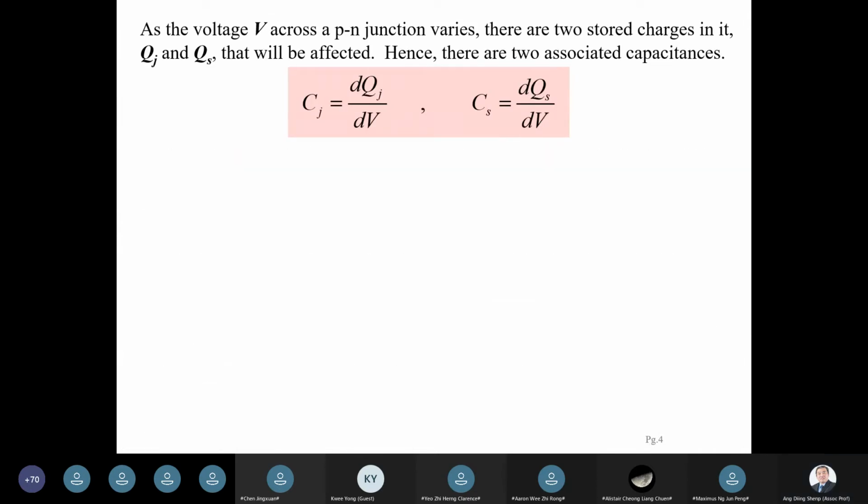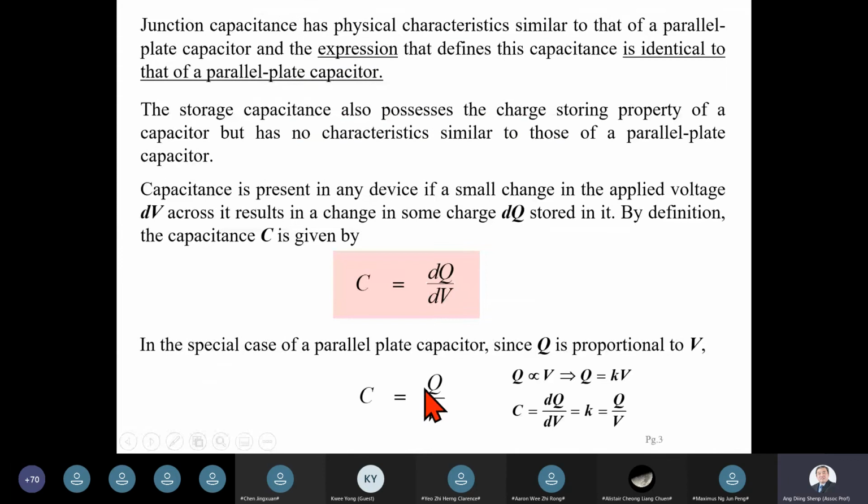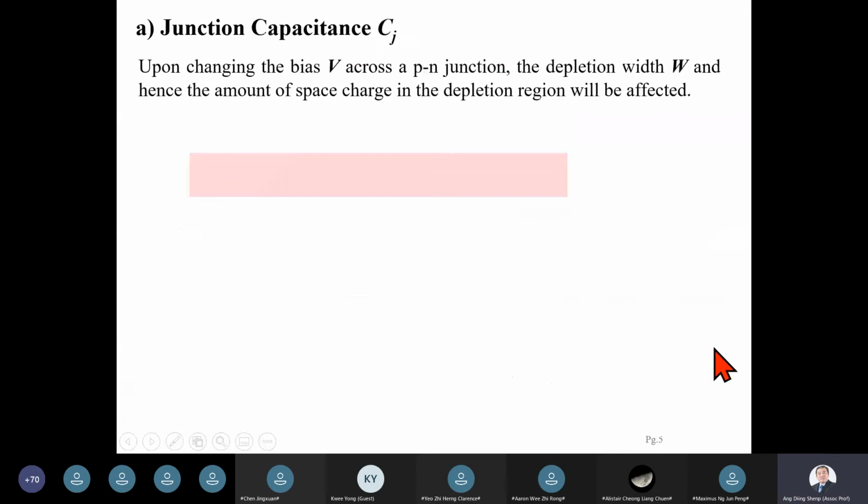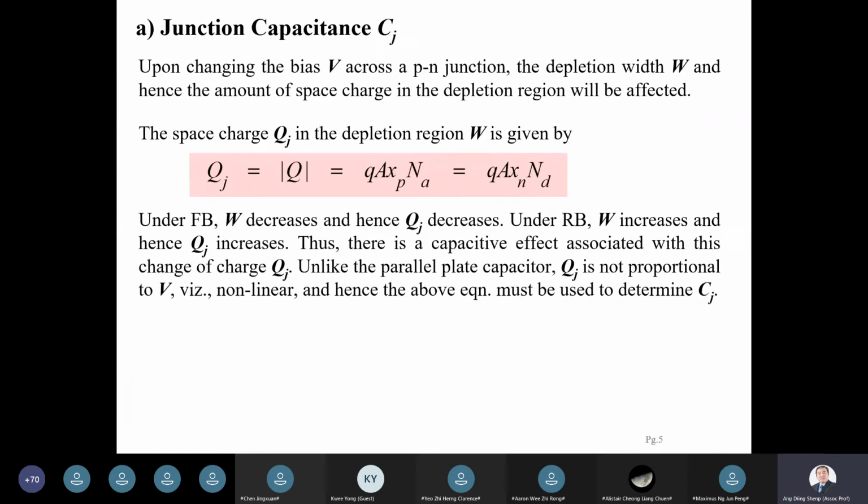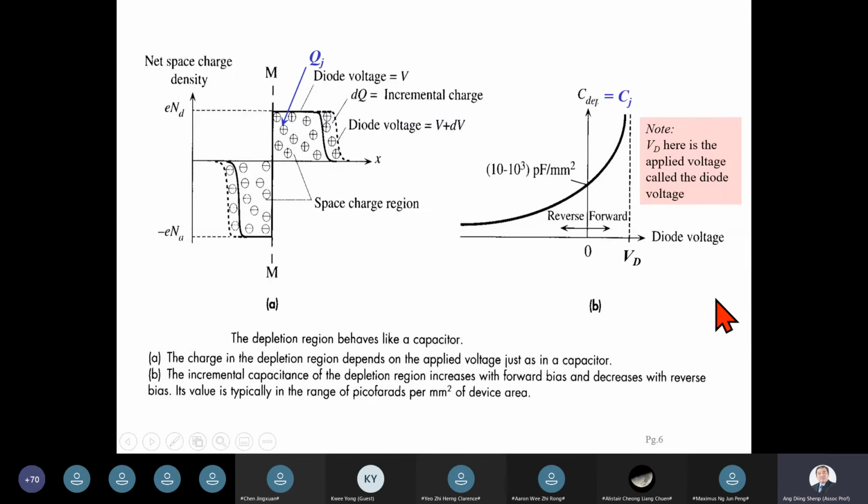So please never define capacitance in general in this manner. This is wrong in general, and it is only applicable to unique cases such as the parallel plate capacitor, where the charge stored Q is proportional to the voltage V. So let's proceed with the mathematical derivation for Cj. I will come back to this slide later on. I'll KIV this for now.